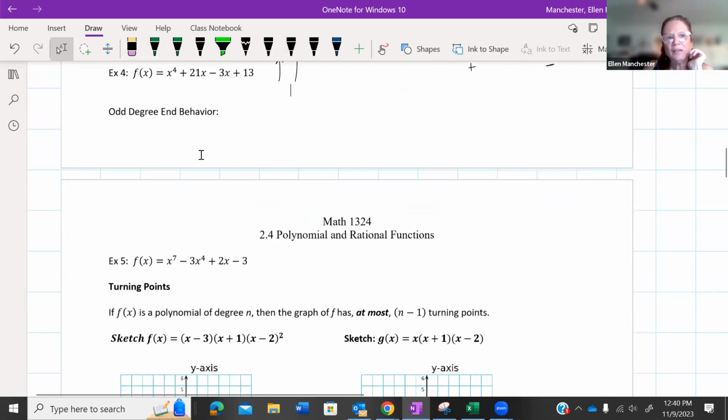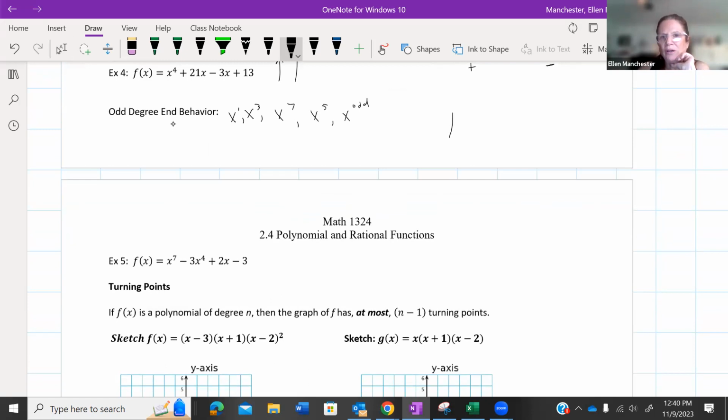If I have an odd degree, x to the 3rd, even x to the 1st, x to the 7th, x to the 5th, x to any odd exponent, you're going to have one of two options. It's going to go up and then down, or it's going to go down and then up.